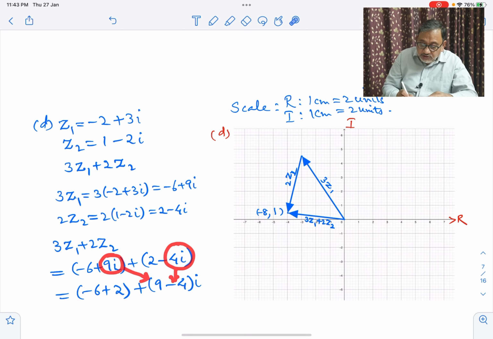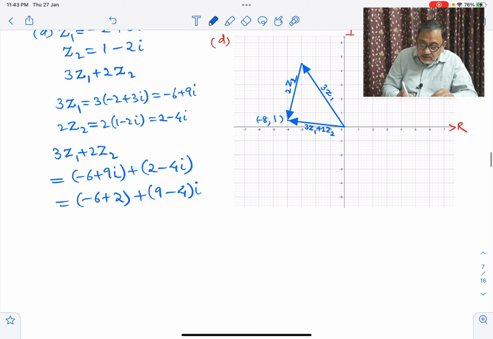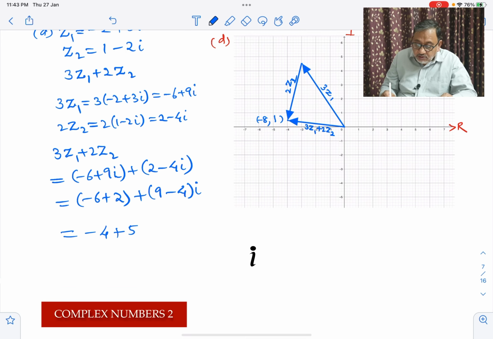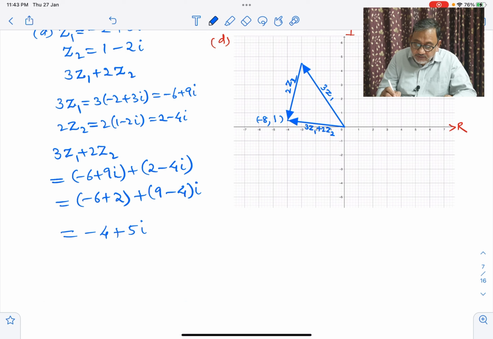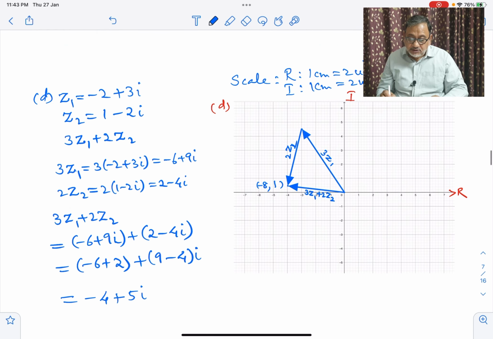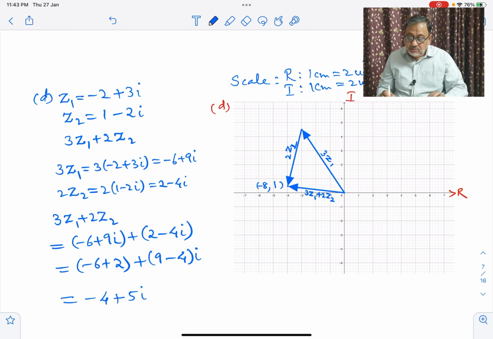So now this is going to be minus 4 and plus 5i. Minus 4, what I wrote? Yeah, minus 4. 9 minus 4i will be 5i. Why it is like that? Let me check again.